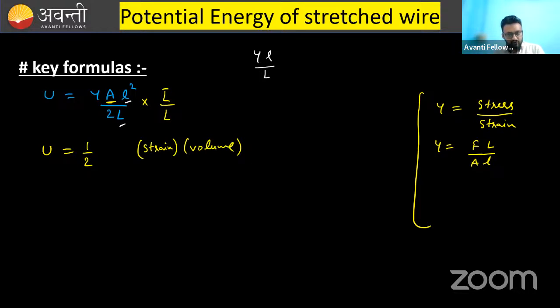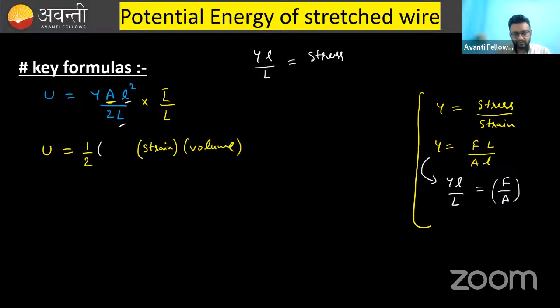If you see from this formula, Y small l over capital L is what? F upon A. And F upon A is nothing but stress. So for the remaining part, I can write stress.